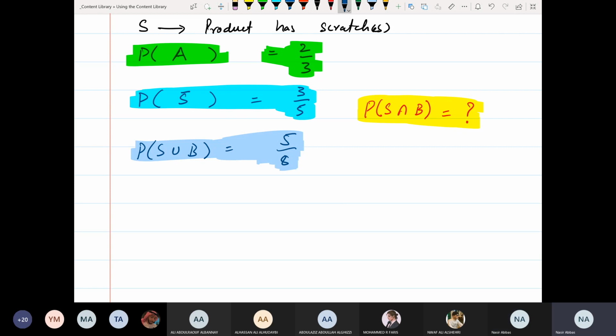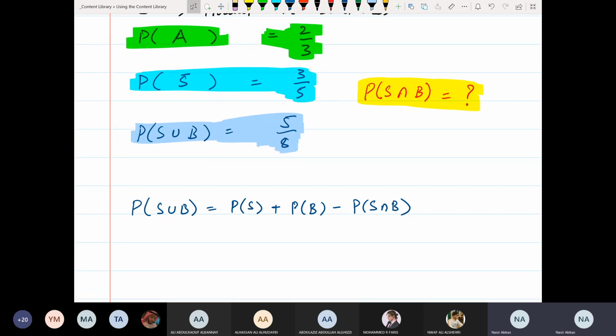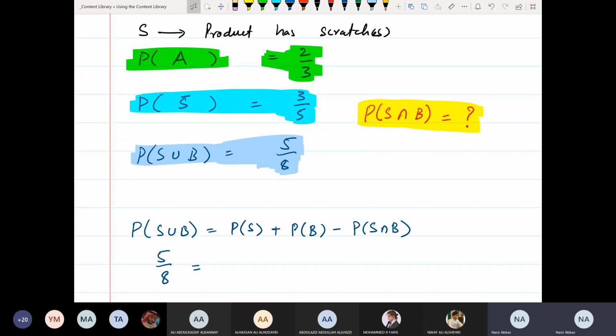So we write probability of S union B equals probability of S plus probability of B minus probability of S intersection B. So from here we need S intersection B. S union B is given as 5/8. Probability of S is not given. Probability of B is not given.